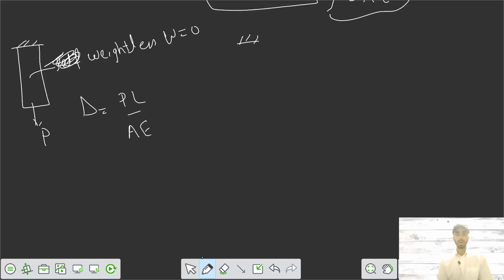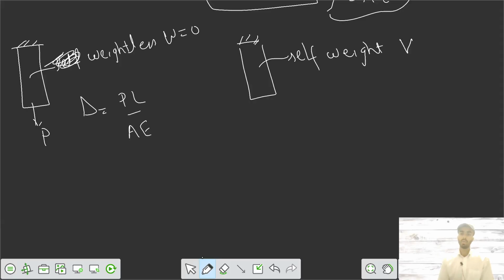But for the bar having self weight W equals say P, your deformation is PL by 2AE or gamma L squared by 2E.